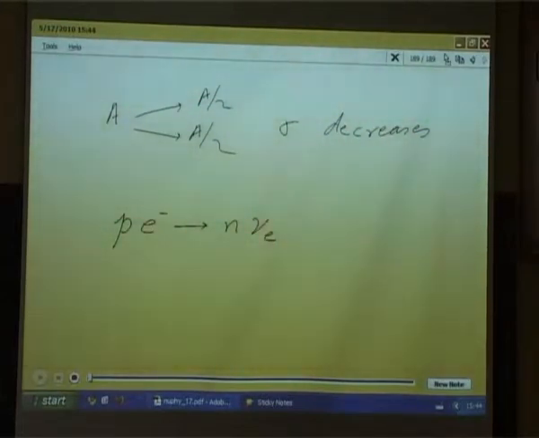So when you get protons, this reaction happens more in the forward direction. Electron capture on protons becomes faster, whereas this does not happen for heavier nuclei. So both these interactions basically result in higher neutrino energy.